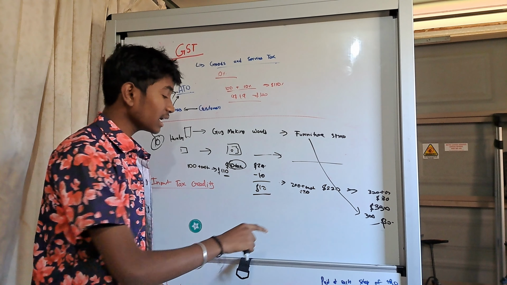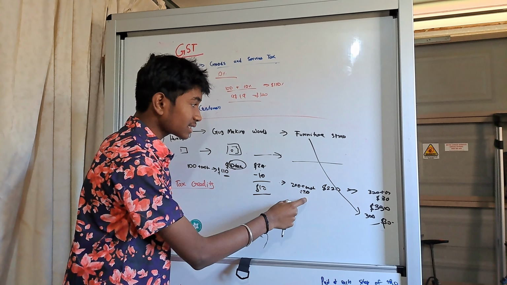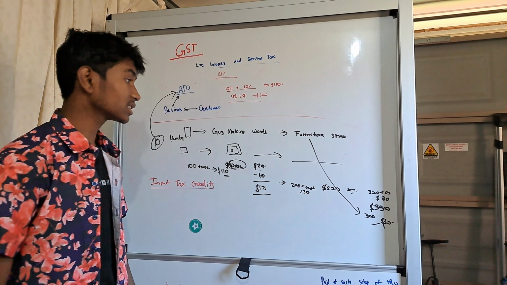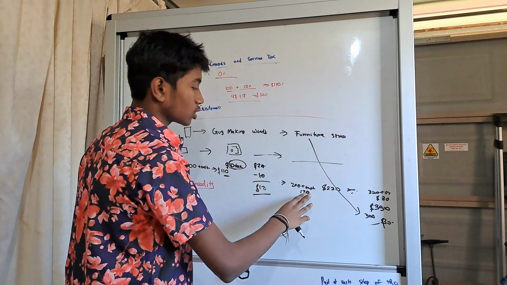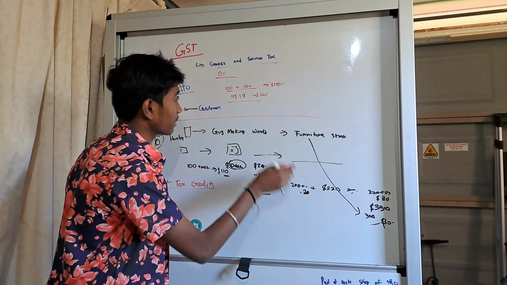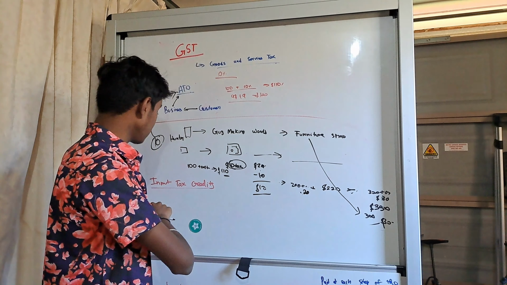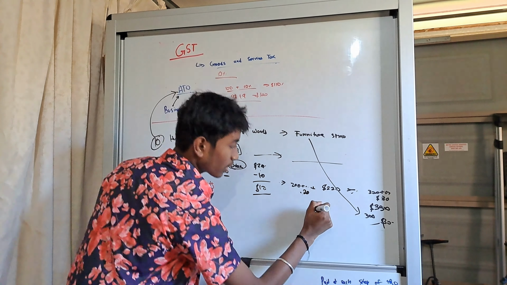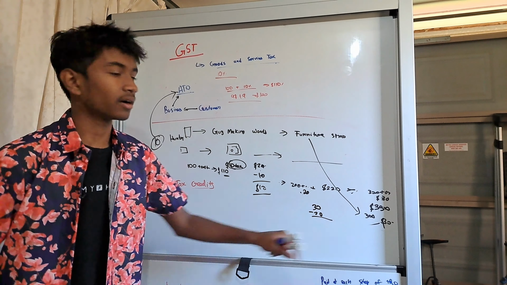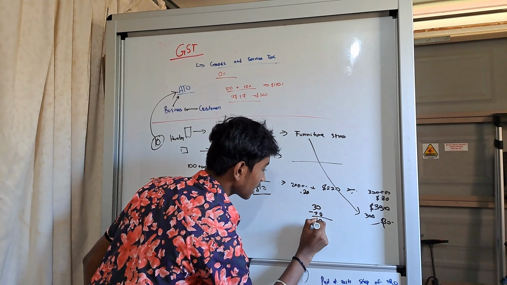Why? Because he paid $20 tax on this item. And as I said, businesses aren't supposed to pay tax like GST. So this $20 that he paid there, we use the input tax credits and we subtract 20 from the $30 that he gets from there. So this way he pays $10 tax.